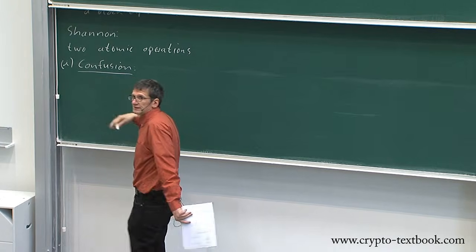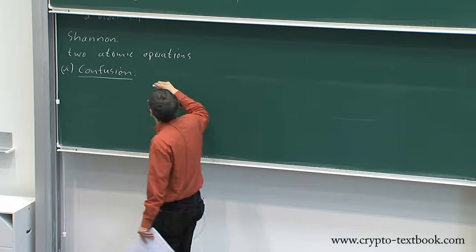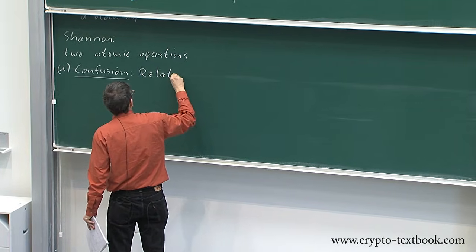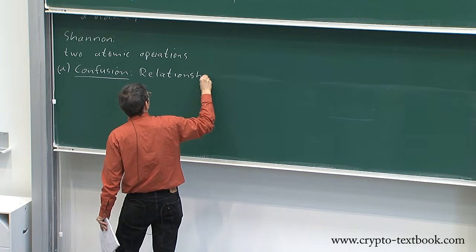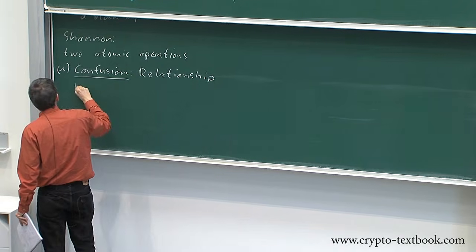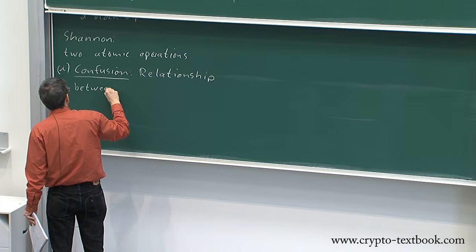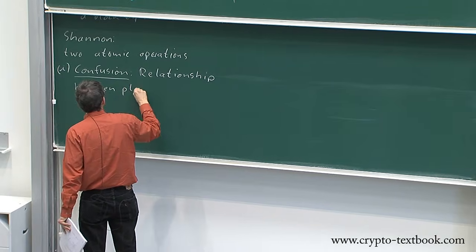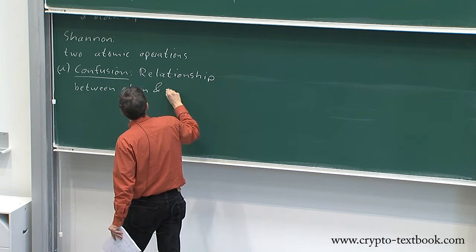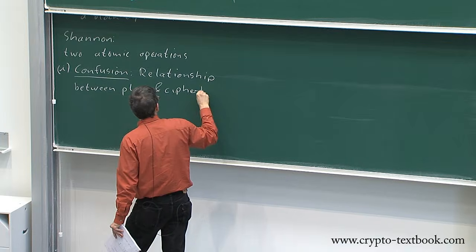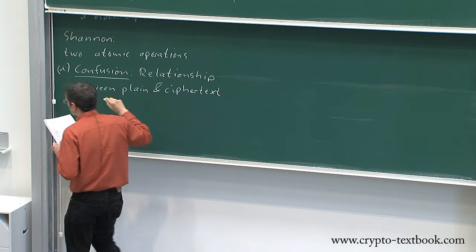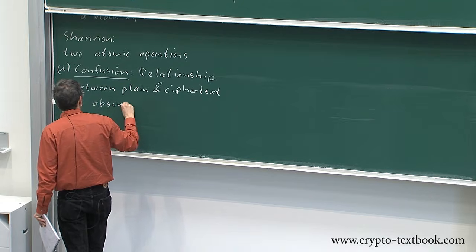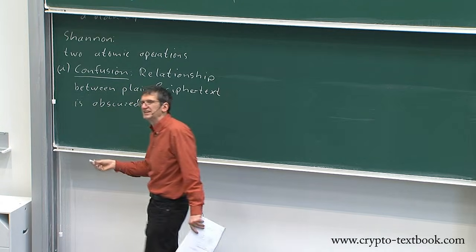What is confusion in this block cipher context? Confusion is a relationship between plain and ciphertext is obscured or hidden.